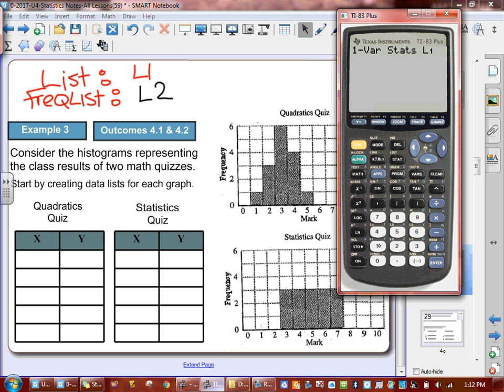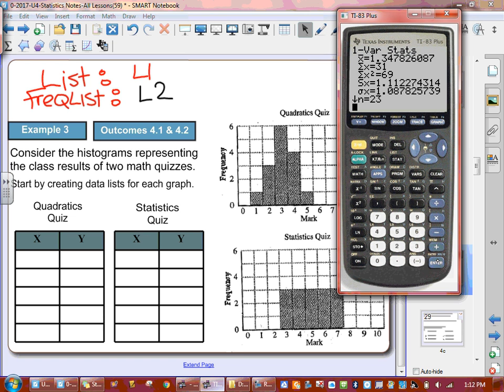Then you hit comma if you've got my screen that I'm typing on. If you've got the other screen that I'm pointing to on the left here, then that's where you hit enter. It'll go down to frequency list. In frequency list, you're going to now type what we're typing, second 2. Okay? And then you hit enter. Once you hit enter, it's going to solve it for us. Okay? So that gives us our answer using 2 different lists.